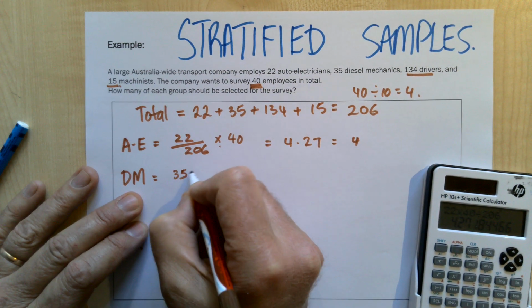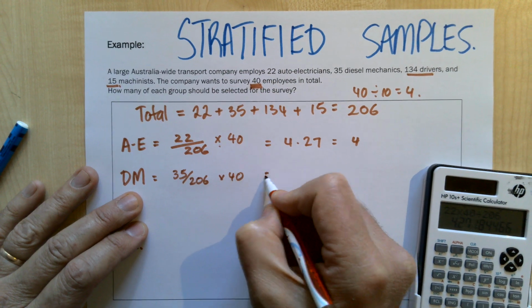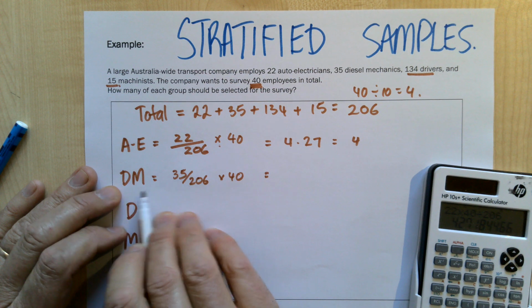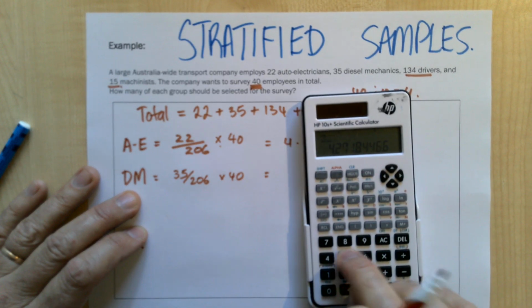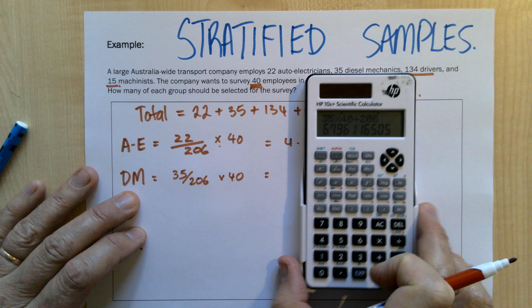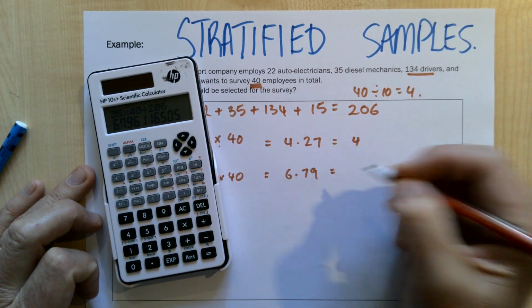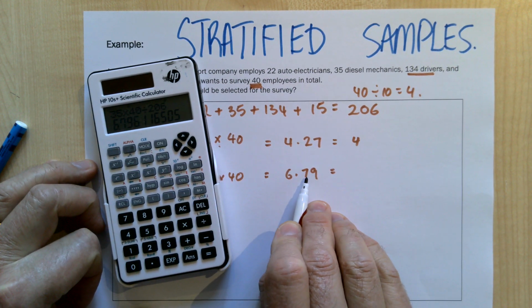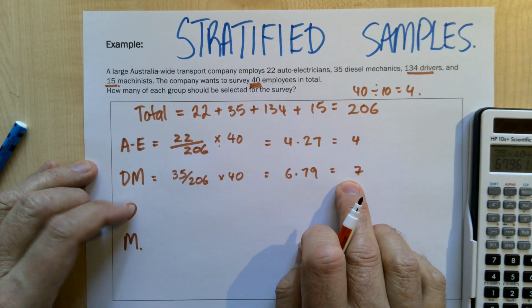So that's 35 over 206 times 40, because 35 out of 206 is the diesel mechanics. 35 times 40 divided by 206 gives me 6.79. Again, I can't have 6.79. I can have 6 or I can have 7. That's going to round up, so I'll be picking 7 diesel mechanics.